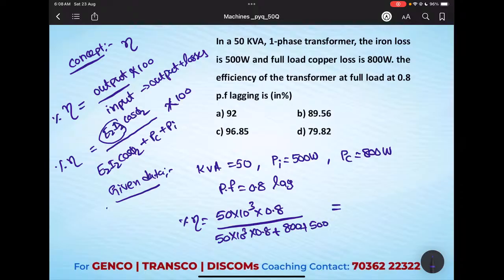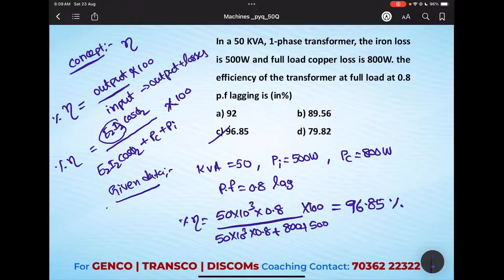Let's do the calculation. Please tell me the percentage efficiency you are getting. After doing the calculation, you may get around 96.85% as efficiency.